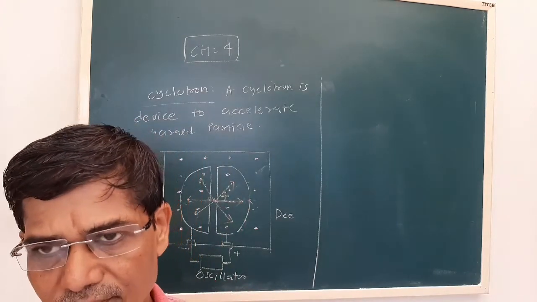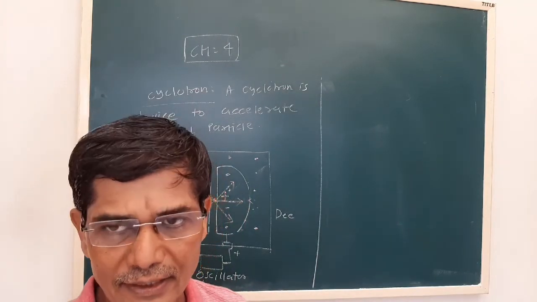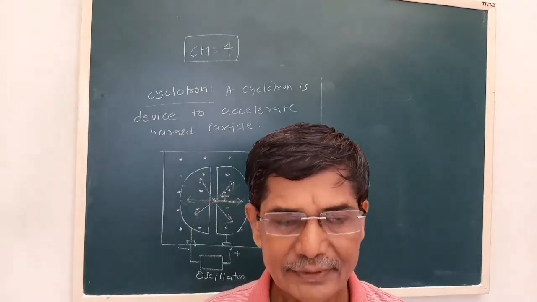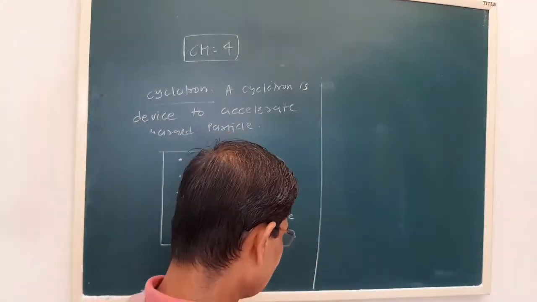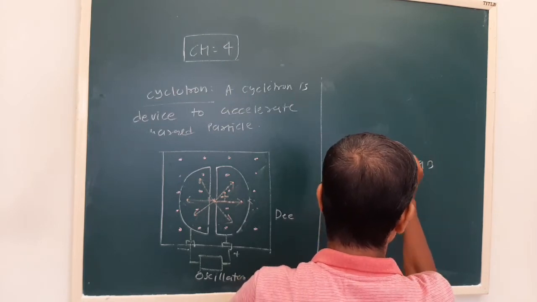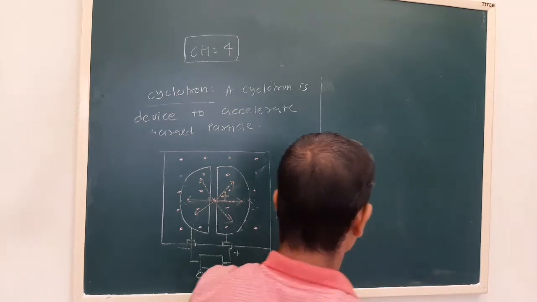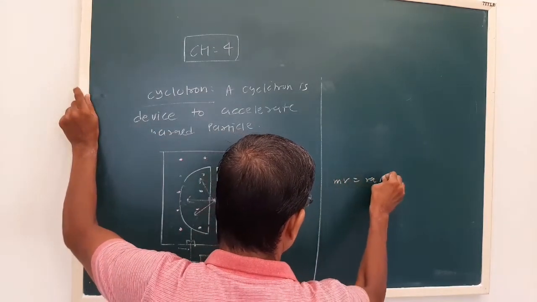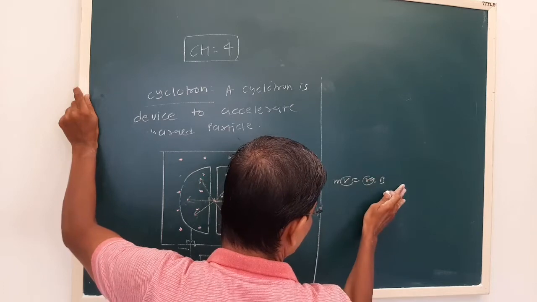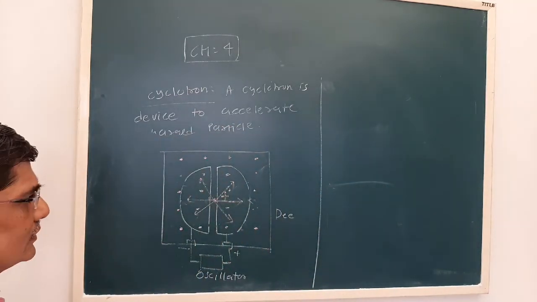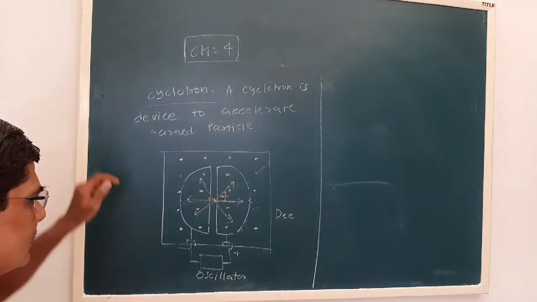See, accelerated motion. The velocity of the particle increases, and we have studied earlier that mv by r is qB. Sorry, mv is equal to rqB. So with the increase in velocity, the radius of the circular path will increase.